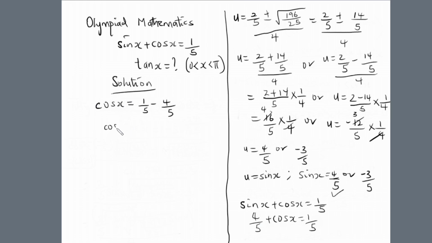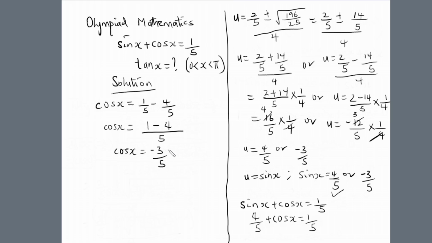So cos x will be, now the denominator 5 is common, so just put 5 there. 5 divided by 5 is 1. 1 times 1 is 1. 1 minus 5 divided by 5 is 1. 1 times 4 is 4. So cos x will be minus 3 over 5.